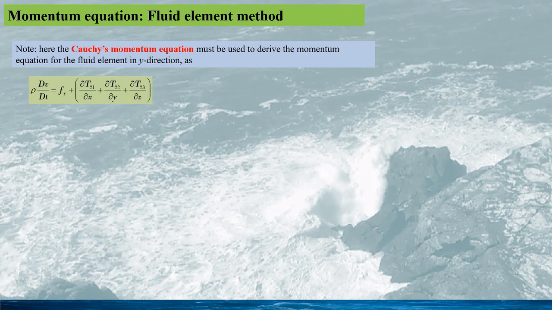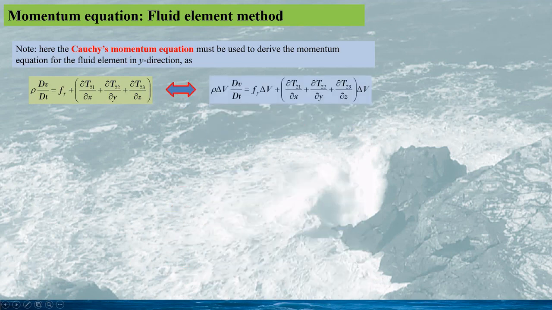Now for the dynamics of the motion of the fluid element, Cauchy's momentum equation is used. It should be noted this is different from the actual Newton's second law of motion, but it is called Newton's second law of motion in many textbooks, since it can be superficially derived from this equation.